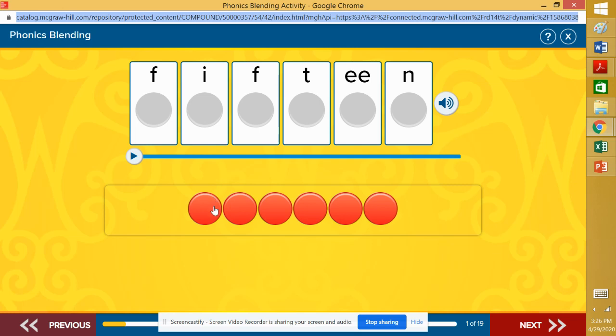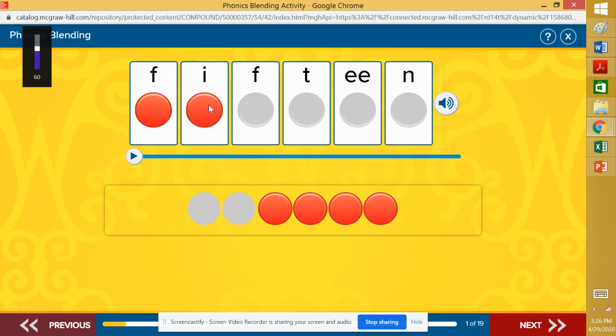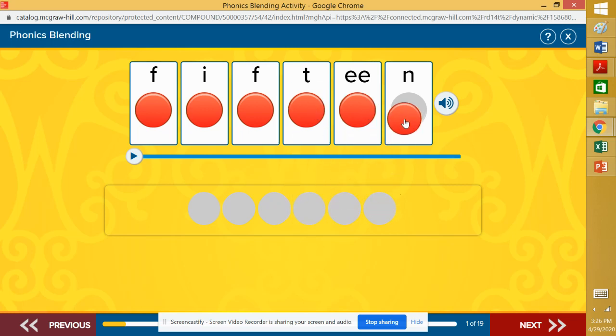So let's sound out this word. Now if we blend it together.